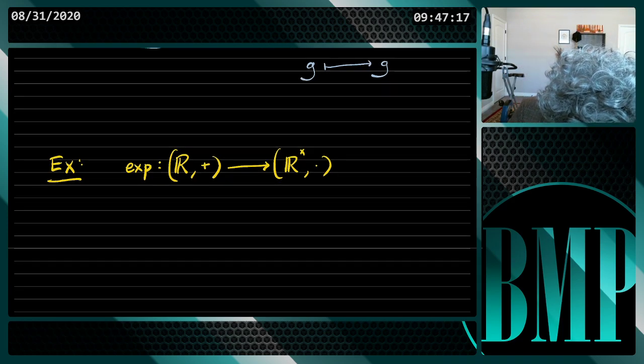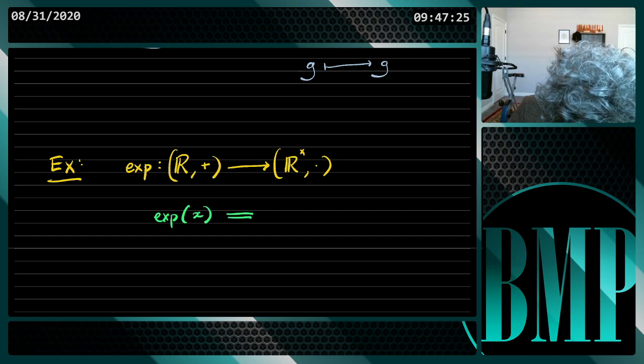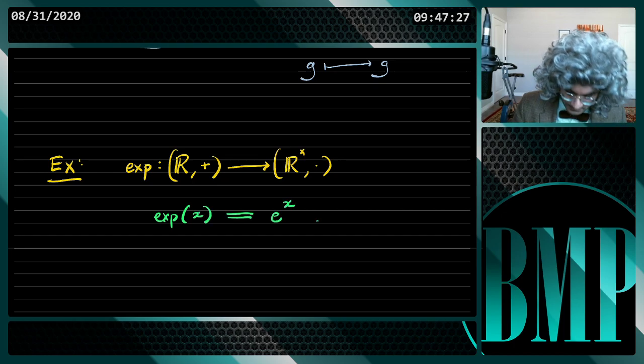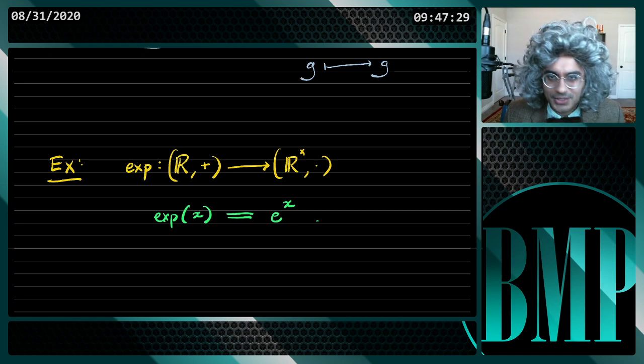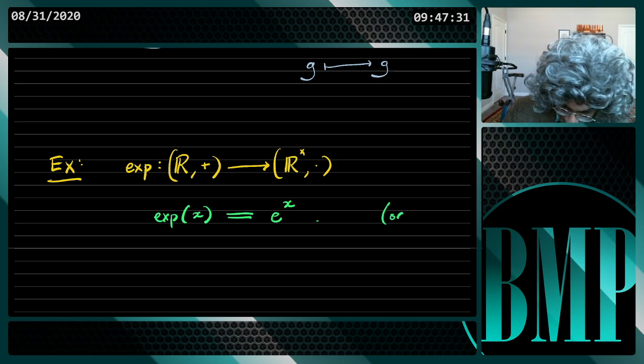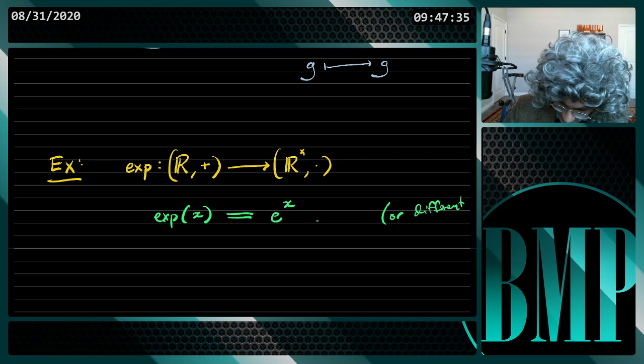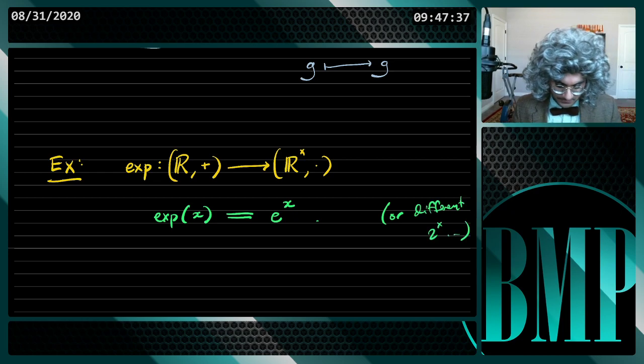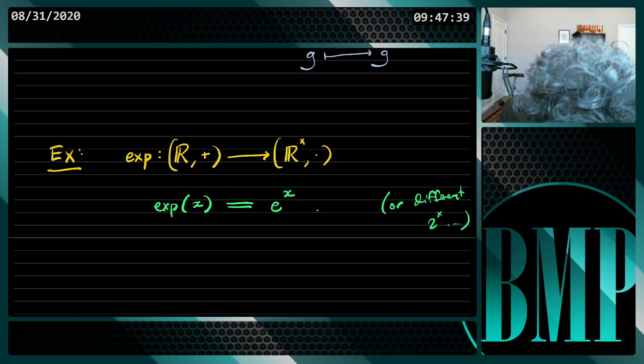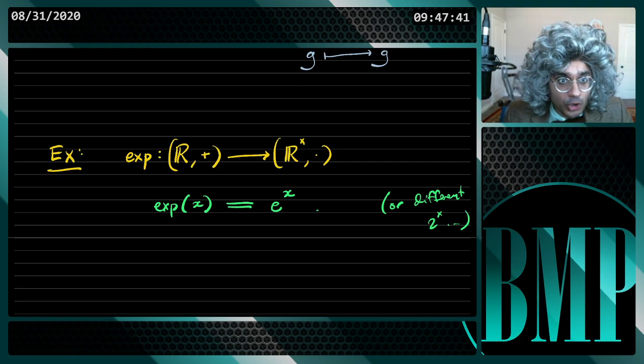What is the formula? Exp of a number x is, by definition, e to the x, or you can also do a different base, like 2 to the x. That is a group homomorphism.